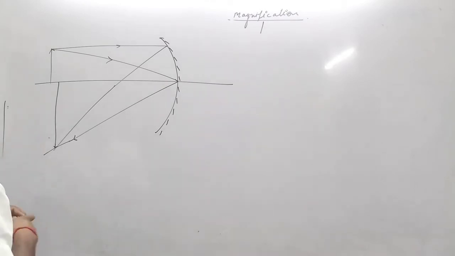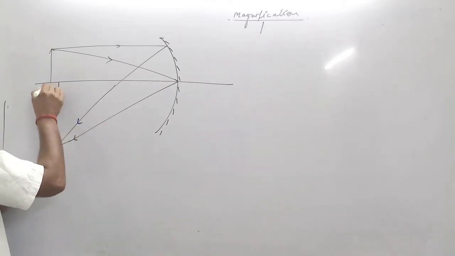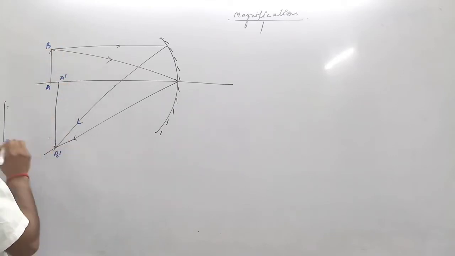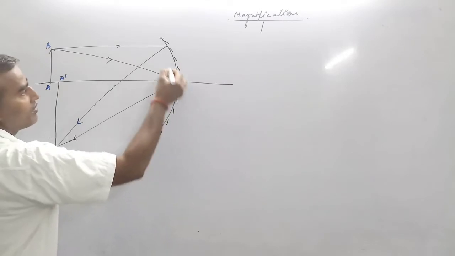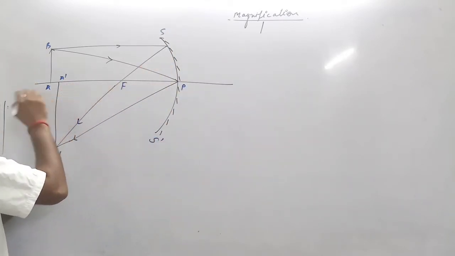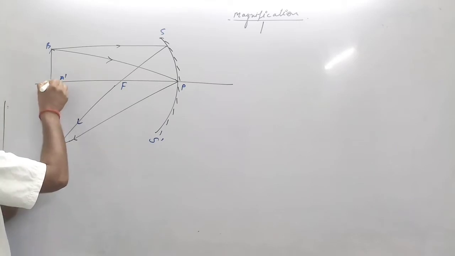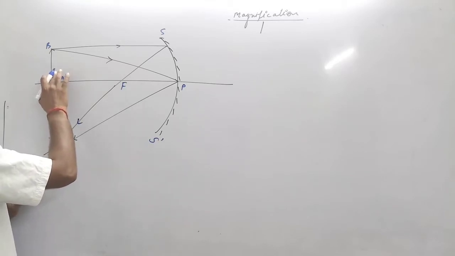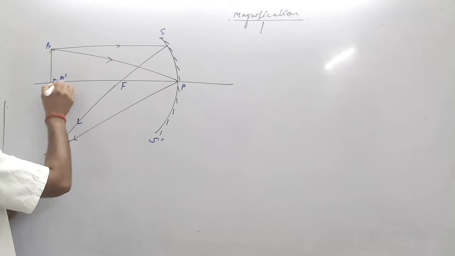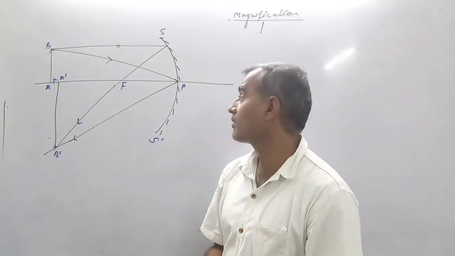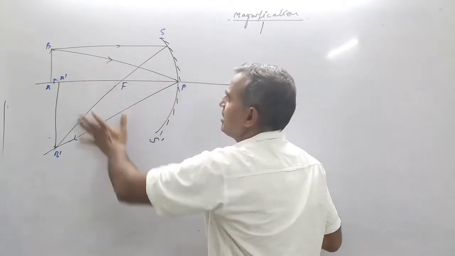A, B, A dash, B dash, pole, S dash, focus. Now look at this diagram here.